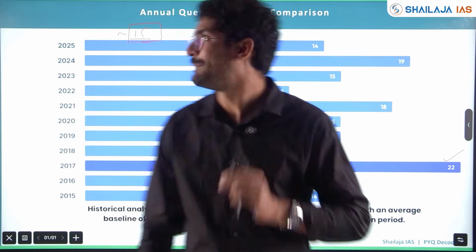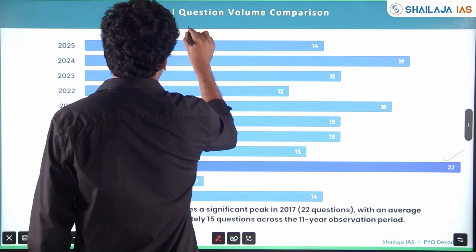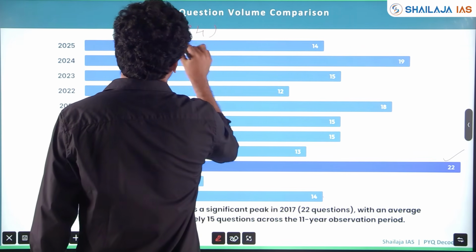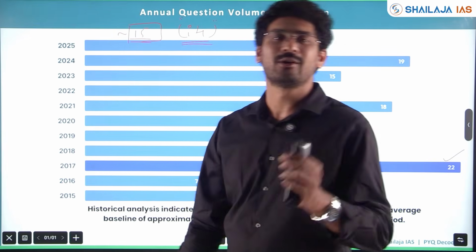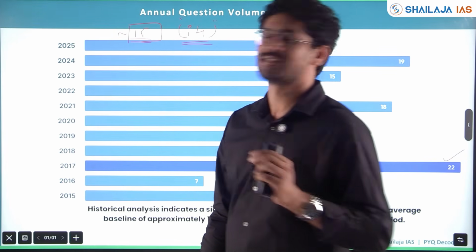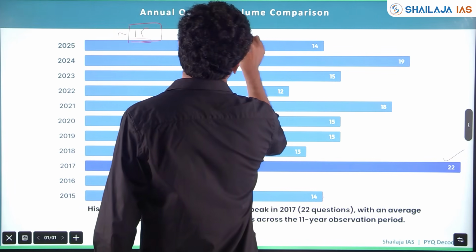This is part of the I4. Me and my friends were calling it I4, important 4 of the core static subjects, where we used to get 60 questions.